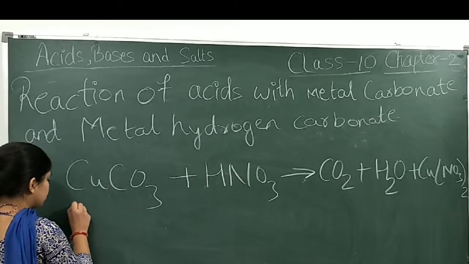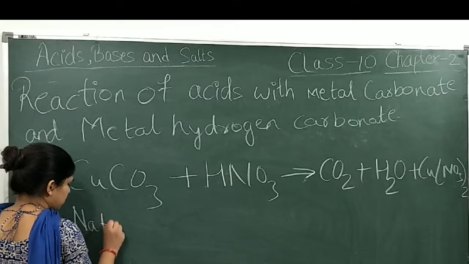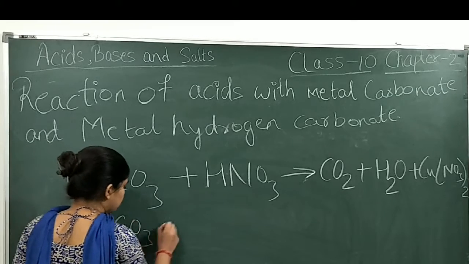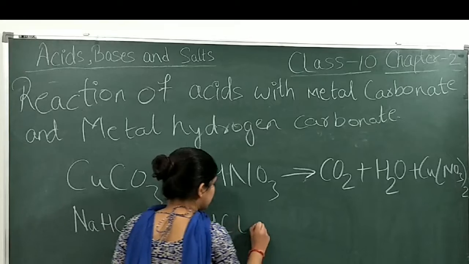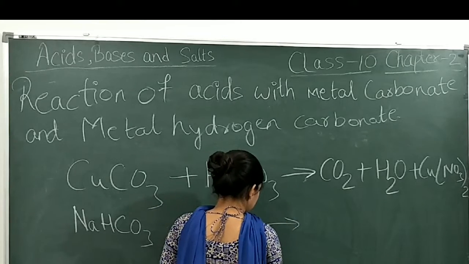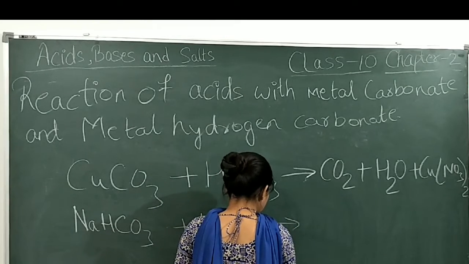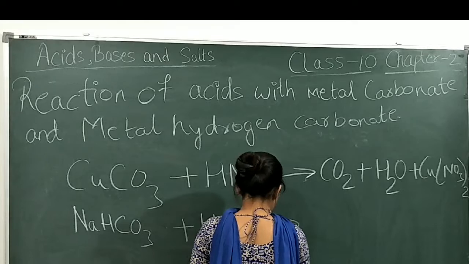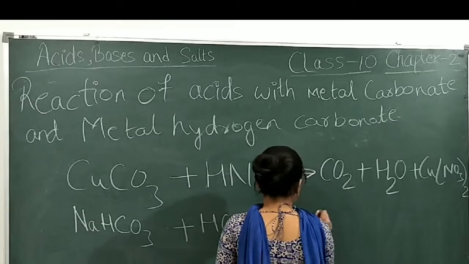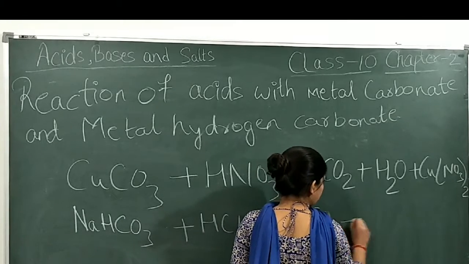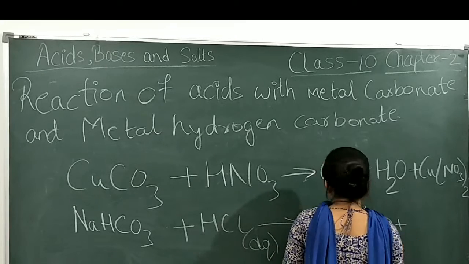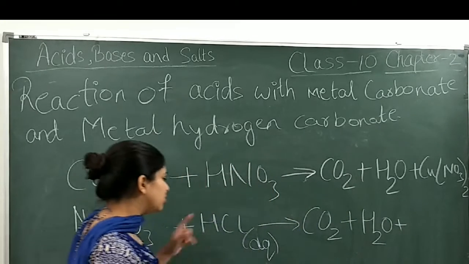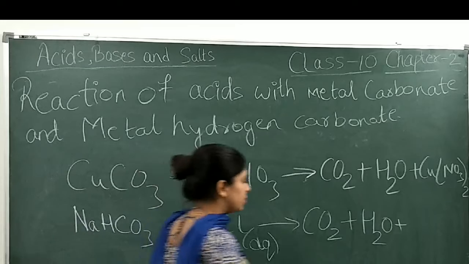And when sodium hydrogen carbonate reacts with HCl, that is dilute hydrochloric acid, in aqueous solution, what will form? CO2 plus water plus, now can you tell me which salt will form?